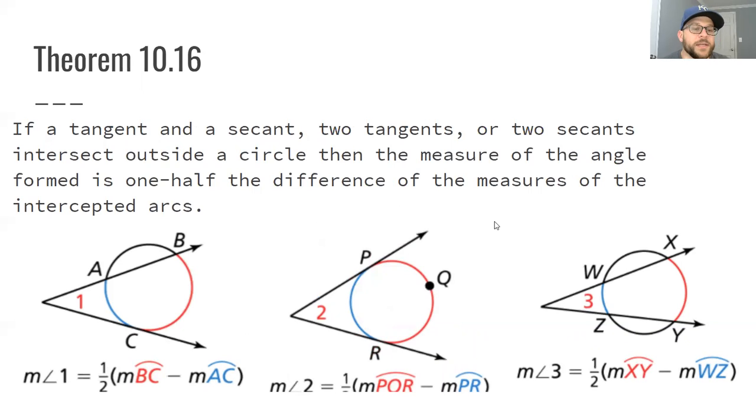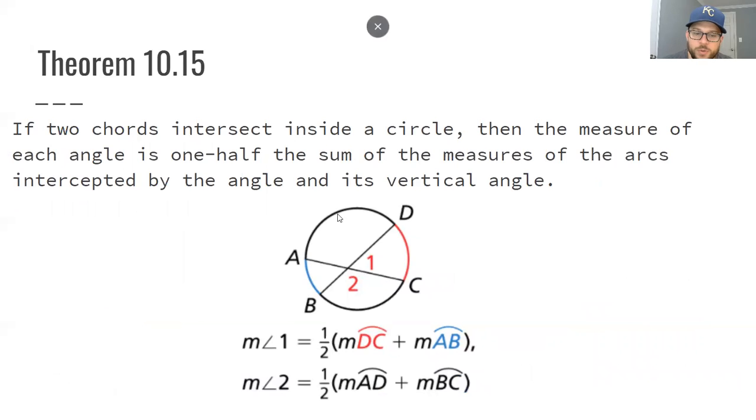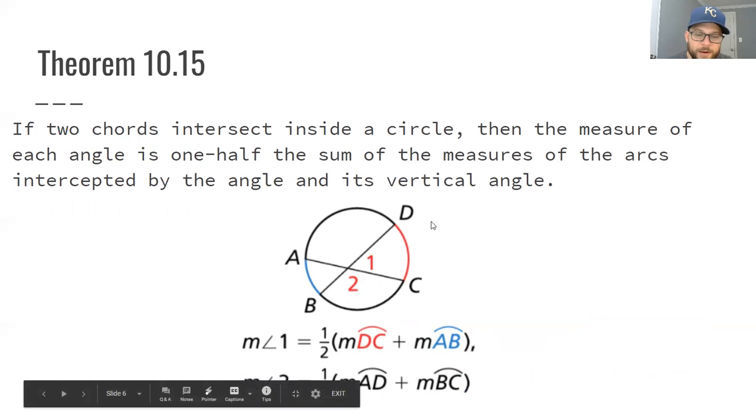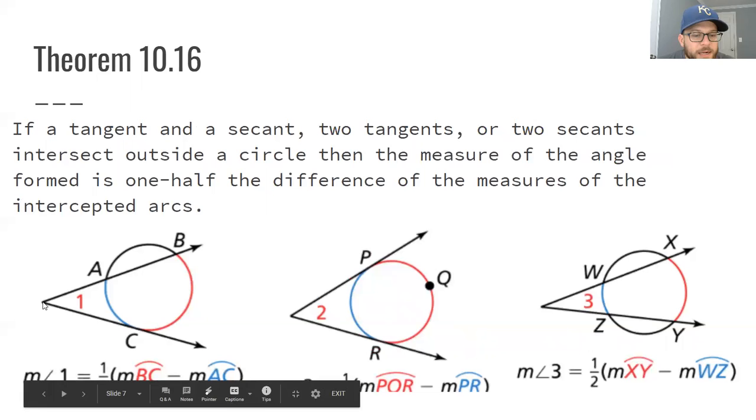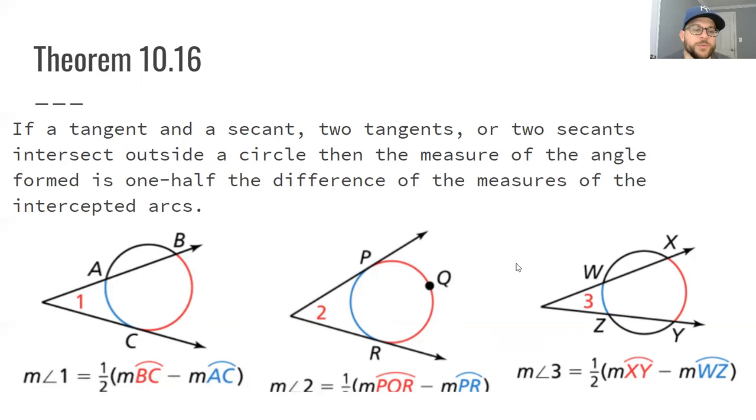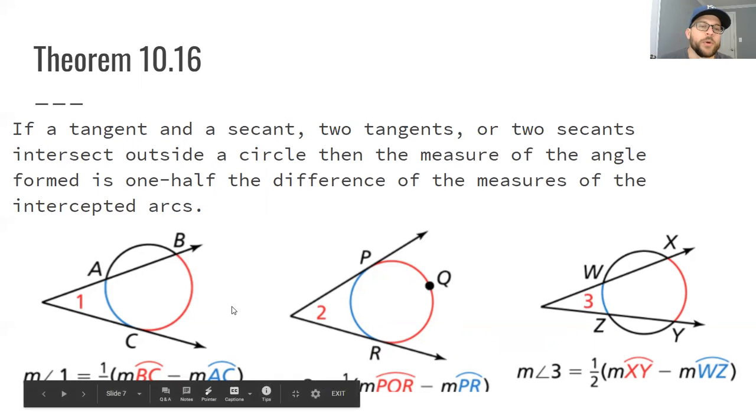Now, if they're intersecting on the outside, they could be tangents or secants, both tangents, both secants, wherever your lines are meeting on the outside, that is going to be 1/2 the difference, or subtracting, of its intercepted arcs. It's different from the last one because those two meet on the inside, so you add, but if those two lines meet on the outside, then you're going to subtract, and you always subtract traveling towards the point of intersection.